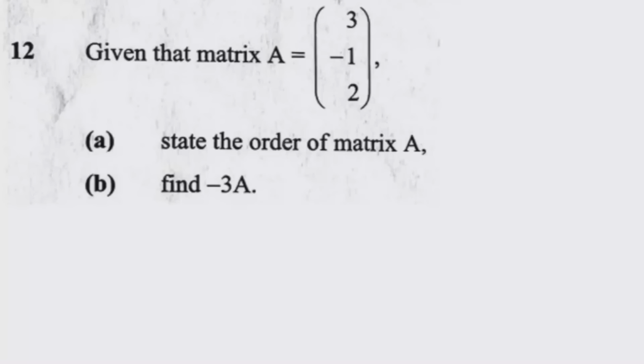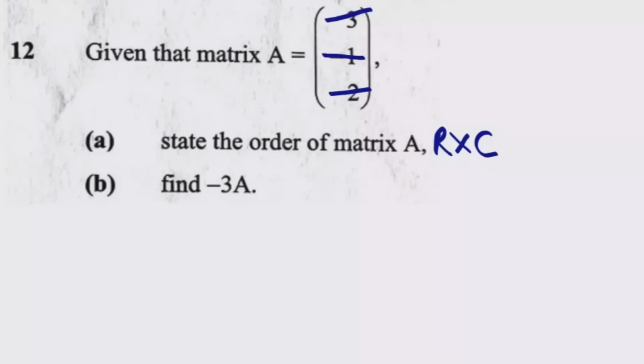So how do we know the order of a matrix? The order of a matrix is row by column. So how many rows does this matrix have? We can count starting from the top: row 1, row 2, row 3. So it has 3 rows.